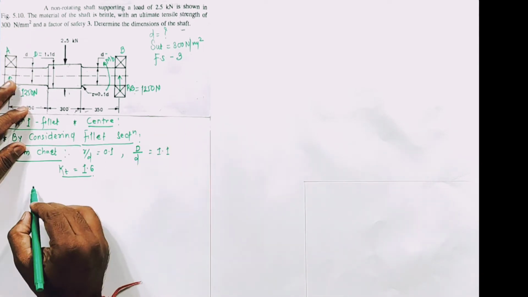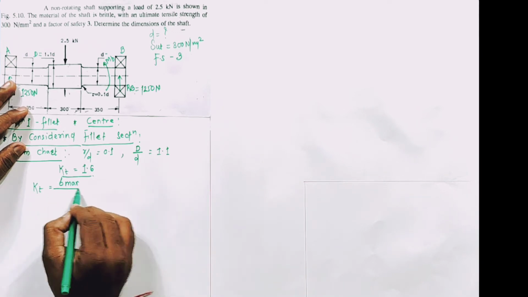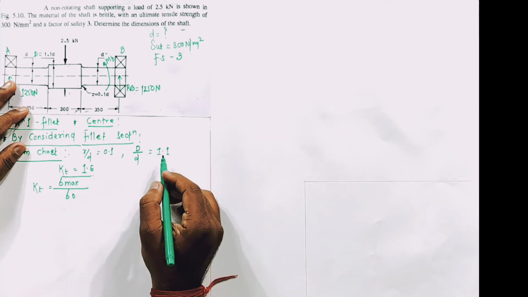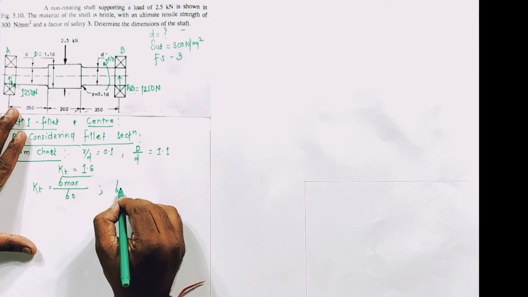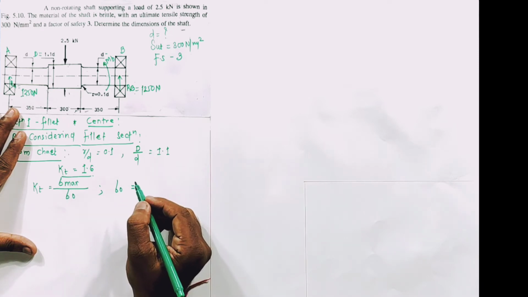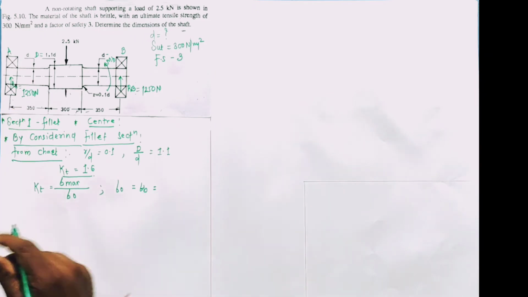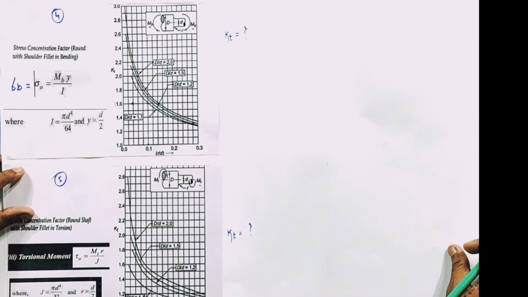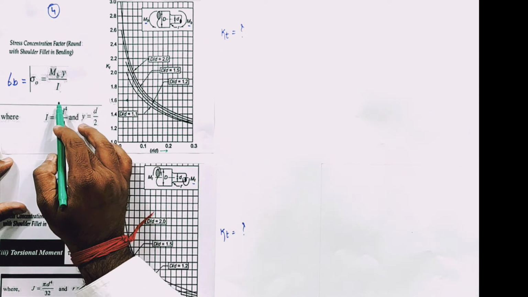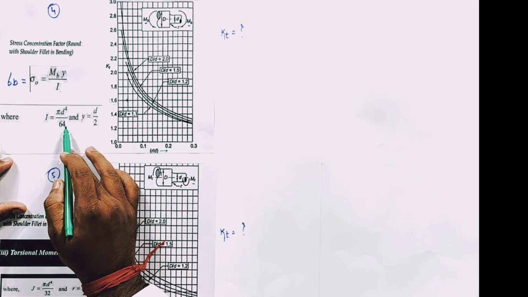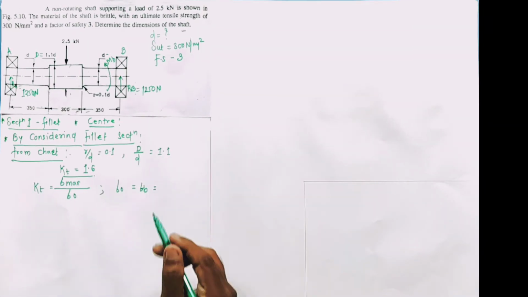But for that theoretical factor, I know KT is nothing but maximum stress divided by nominal stress. Correct? Maximum divided by nominal. So we'll move toward the nominal stress. In the case of this, you can see here bending will occur. I told you the nominal stress, we have derived the equation for that also. So sigma B for the fourth graph is MBY by I. For the circular cross section, I is pi by 64 d to the power 4, and Y is d by 2, so we get 32 MB by pi d cube.